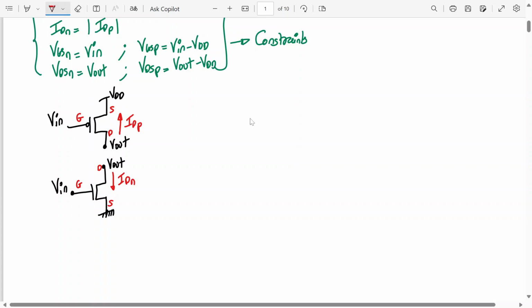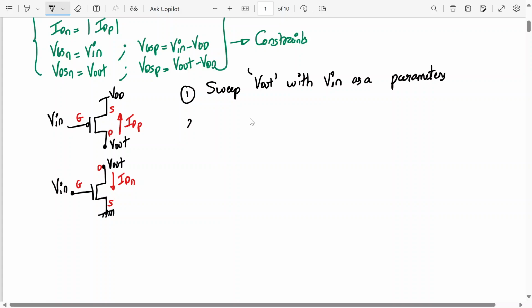Alright, now let me write the steps. We will sweep V out with V in as a parameter.